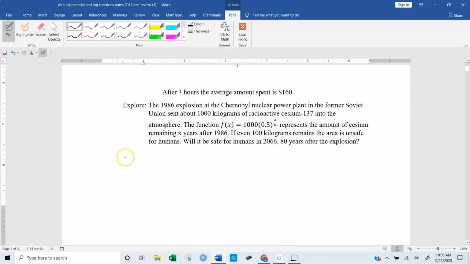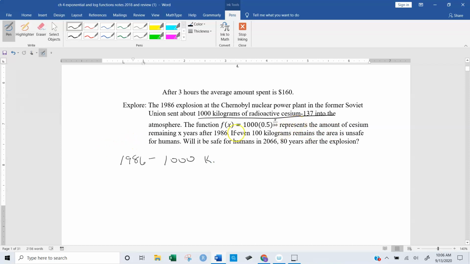Okay, now in 1986, this is when the Chernobyl nuclear power plant in the former Soviet Union sent 1,000 kilograms of radioactive cesium into the atmosphere. I'm hoping you remember this. So in 1986, the Soviet Union put 1,000 kilograms into the atmosphere.